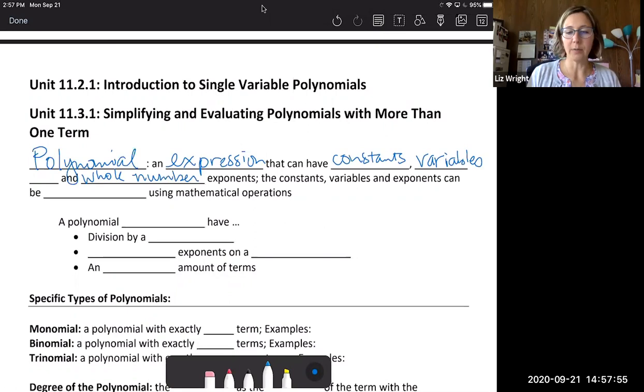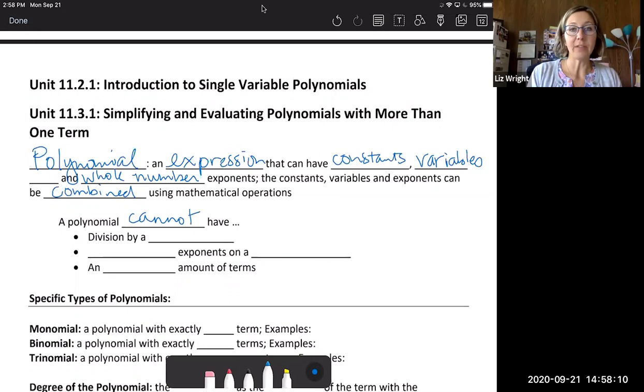The constants, variables, and exponents can be combined using mathematical operations. So a polynomial cannot have any of the following.